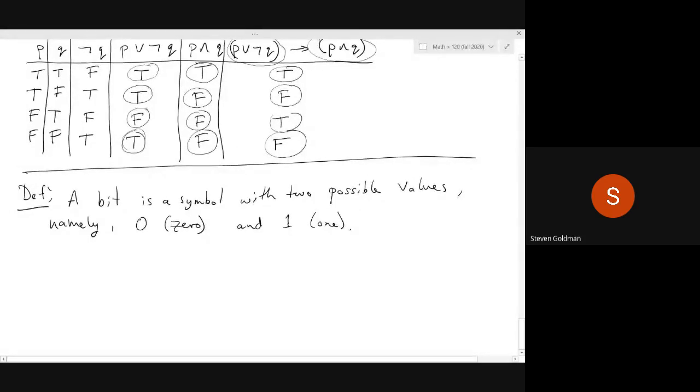All right. So in computer science, and somebody actually was mentioning this a little earlier in the chat, we deal with zeros and ones. Everything in computers is in zeros and ones. So 0 and 1, they're called bits. A 0 is a bit and a 1 is a bit.